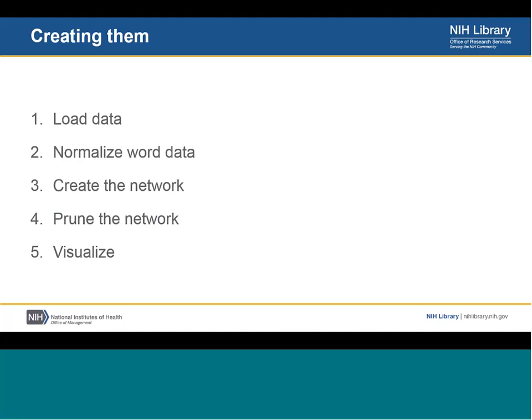This pruning step is really necessary because these word co-occurrence networks end up being very dense. If you can imagine, if you've got a set of 500 papers, and those papers all have 20 words, or maybe 10 words in the topics, you're already starting to talk about a very, very high number of terms and a very, very high number of co-occurrences. That's exacerbated if you end up using the abstracts.